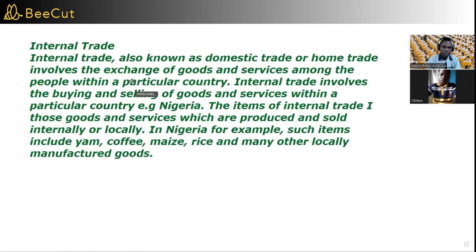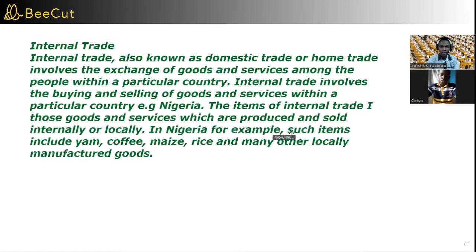So it involves exchange of goods and services within a particular country, not between two or more countries. Internal trade involves buying and selling within a particular country, Nigeria. For example, the items of internal trade are those goods and services which are produced and sold internally or locally.